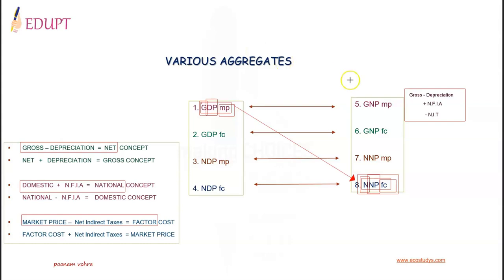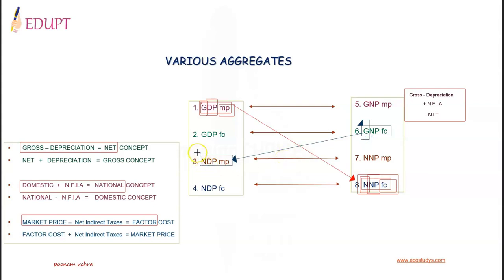Now let us see that GNP at factor cost is known to us and we need to find NDP at market price. So what will be the relationship then in this case? Once again, let's go step by step. Gross is given to you.